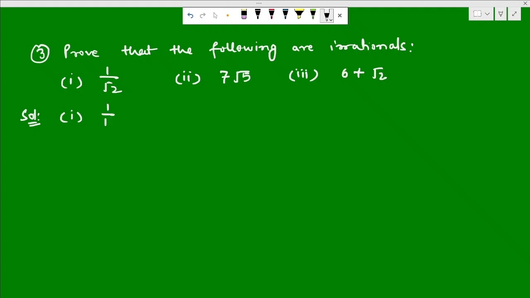In the first, we have to prove that 1 upon root 2 is an irrational number. Here we can proceed in different ways.